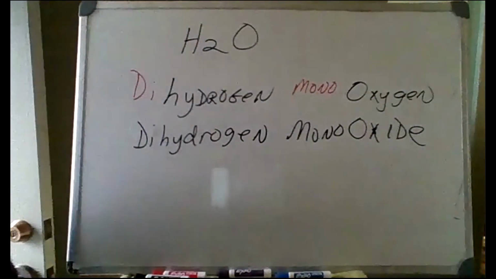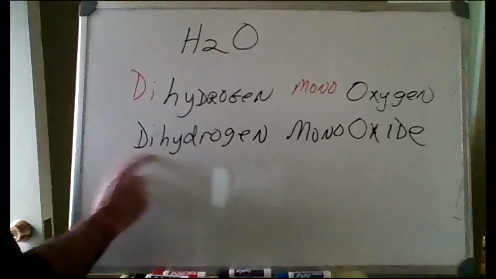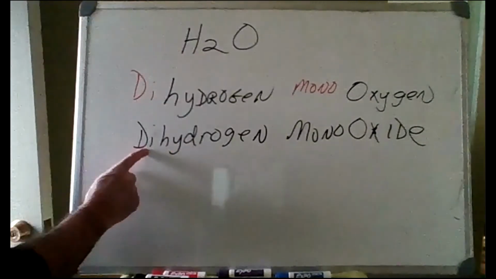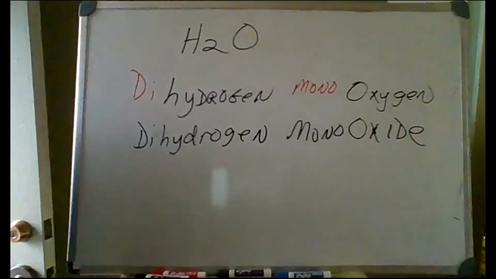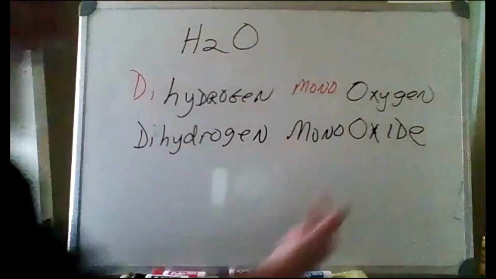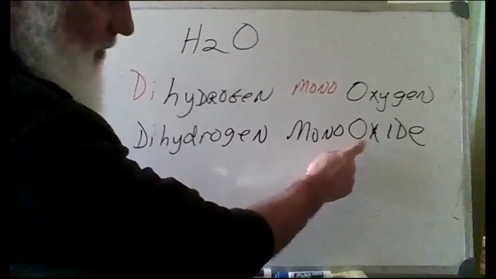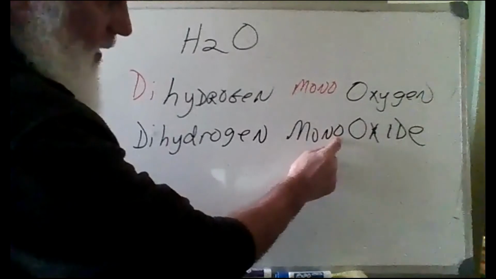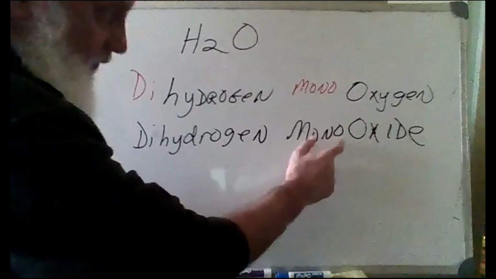Now, let's look at that rule A. Rule A says, if the first element only has 1 atom, get rid of the prefix mono. That's not the case here. The first element has 2 atoms. And then rule B does apply if you wanted to. If an element begins with a vowel, you can drop the last vowel off of the prefix.